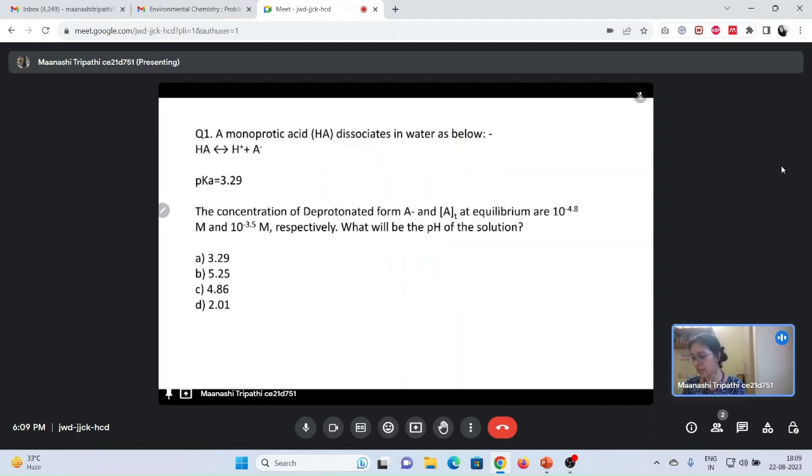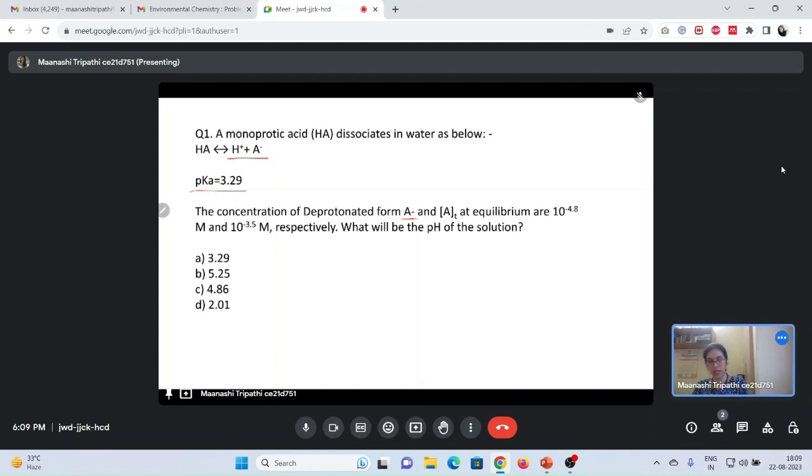The first question is: a monoprotic acid HA dissociates in water as below. So HA is dissociating as H plus as well as A negative. The pKa value is given as 3.29. The concentration of deprotonated form A negative. Deprotonated form, why?